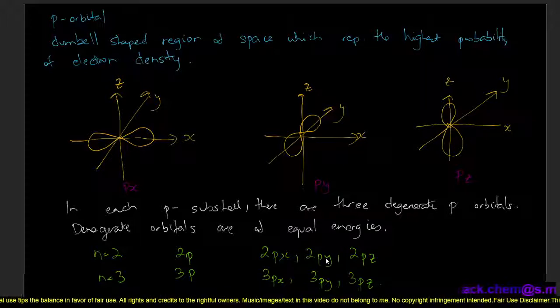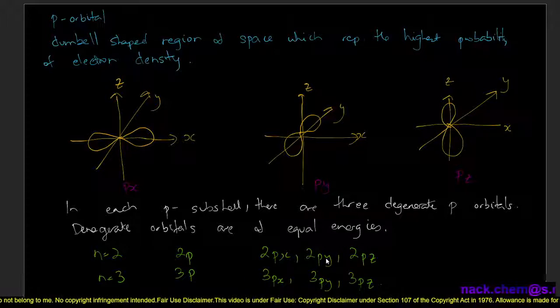Right, so each shell may contain a different number of subshells. Where a shell contains a p subshell, each p subshell is made up of 3 p orbitals. The 3 orbitals are equal in energy, and what that term equal in energy means, they're also going to be equal in terms of their shape.